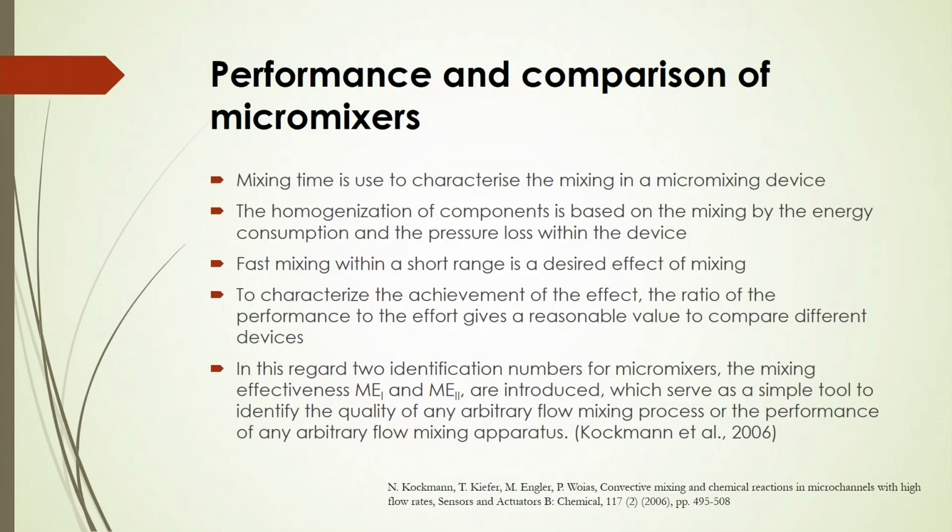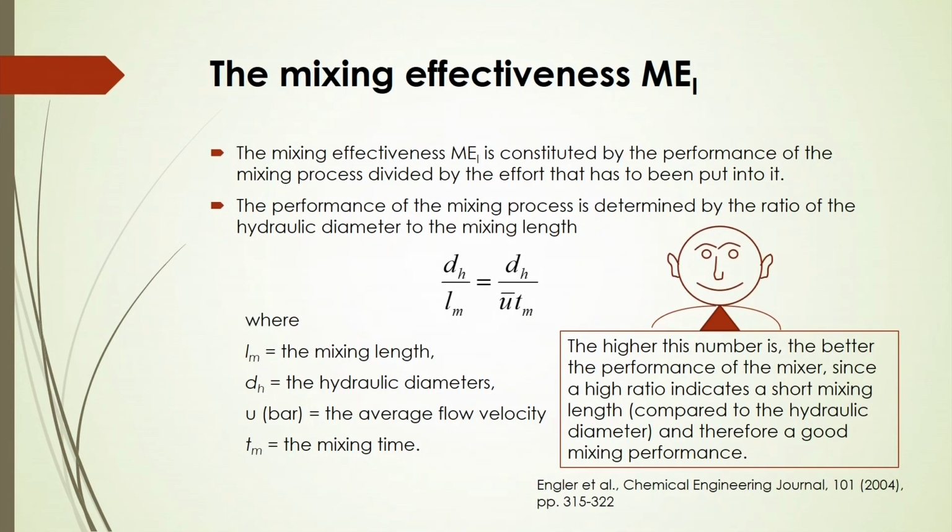Based on which you can analyze the performance of the micromixer. According to Engler et al. 2004, the mixing effectiveness is constituted by the performance of the mixing process divided by the effort that has actually been put into it.